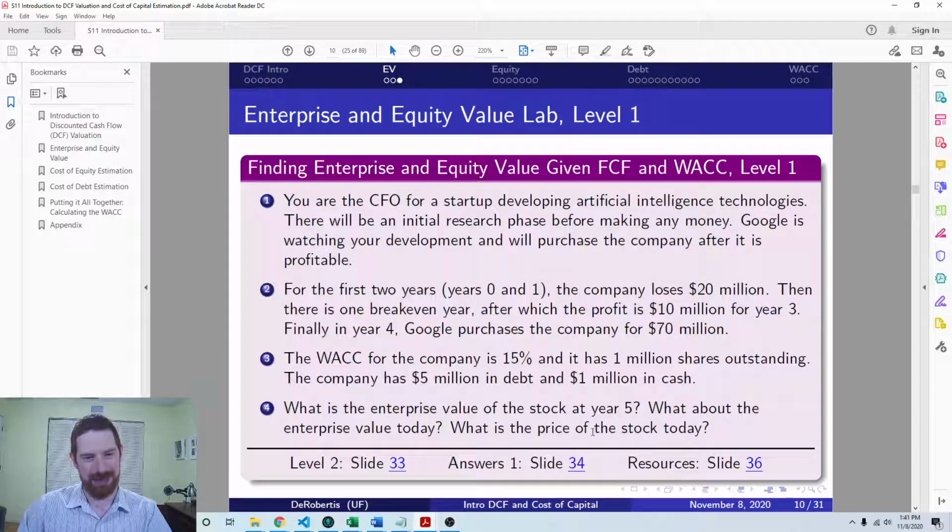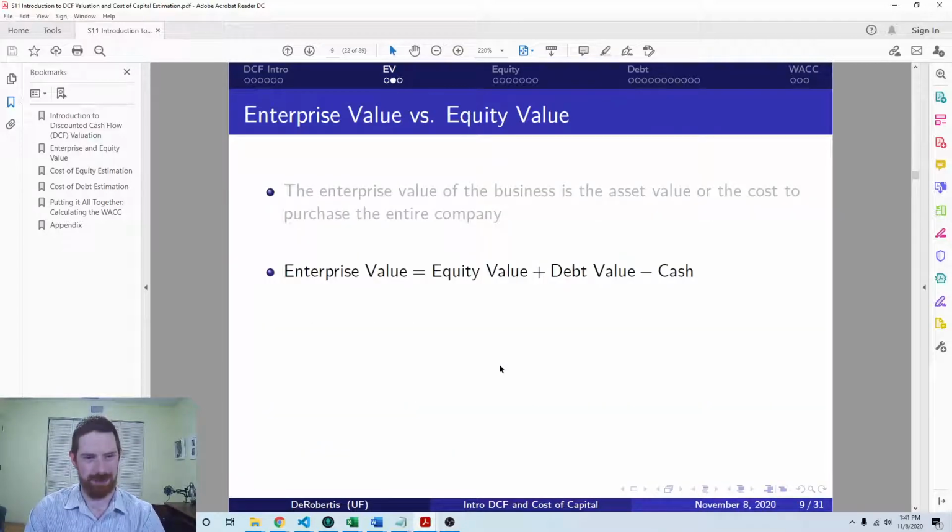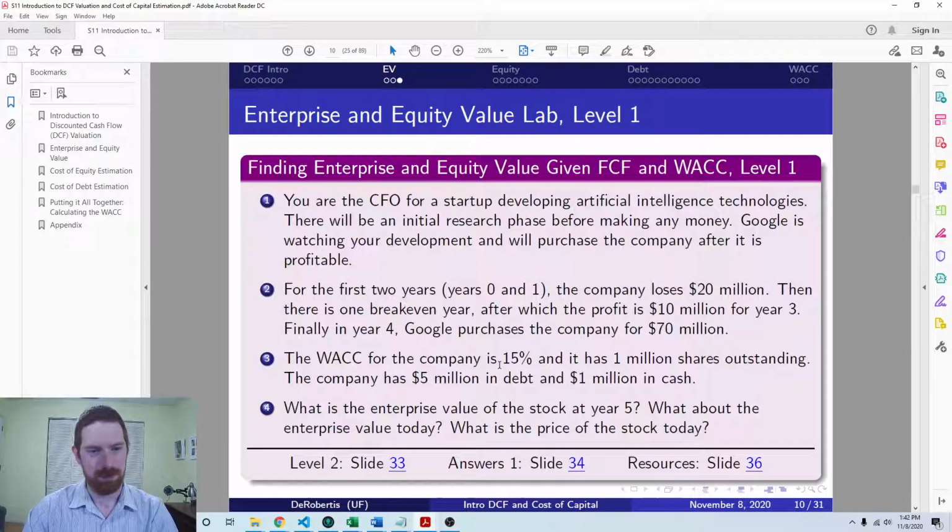You want to get ultimately to both the enterprise value as well as the stock value. So you can reverse this formula to get to the equity value from the enterprise value. And then if you divide the equity value by the number of shares outstanding, you'll be left with the stock price. So that's the first exercise here.